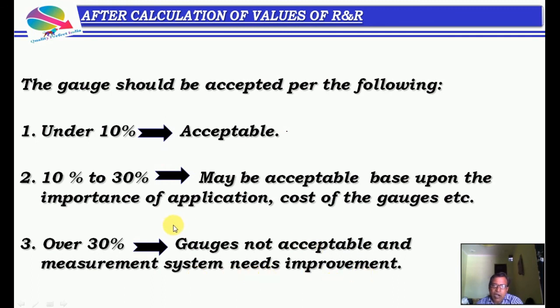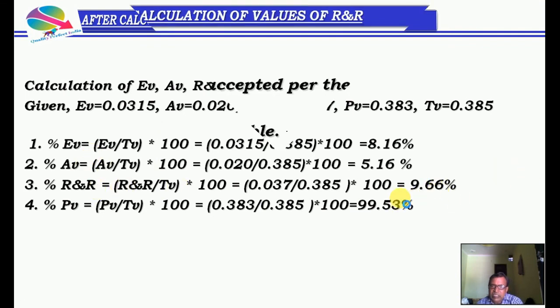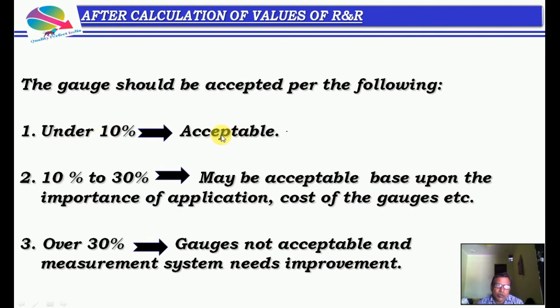Here see how much our gauge R and R value comes. Here R and R value is coming 9.66, which is under 10%. So our gauge is acceptable.